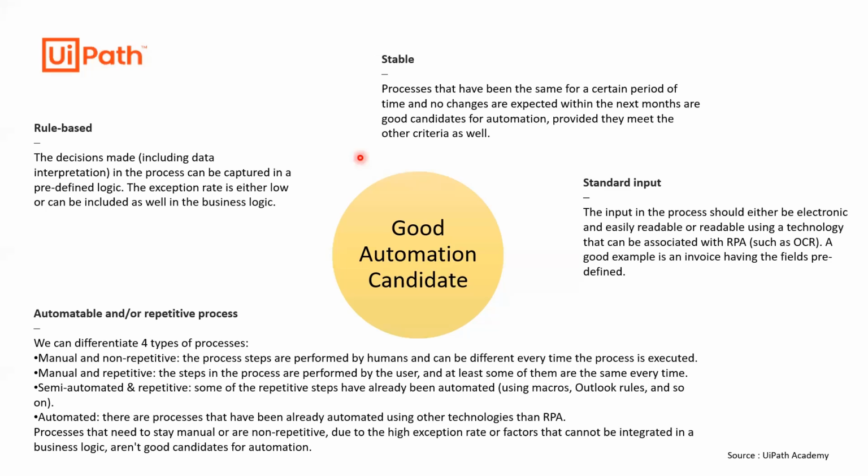Okay, so for that, there are some thumb rules which are decided. The first one is called rule based, which means that the process is accurately divided and processed in the form of a decision, right? It is completely rule based and it has data interpretation, which means that the process is captured in a predefined logic.